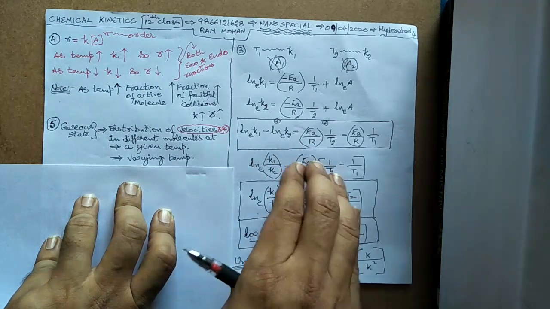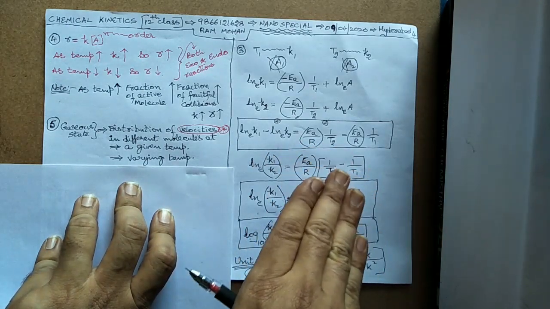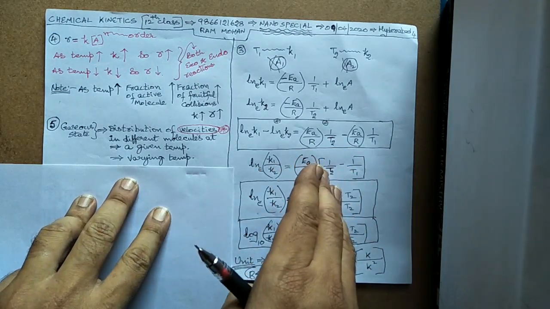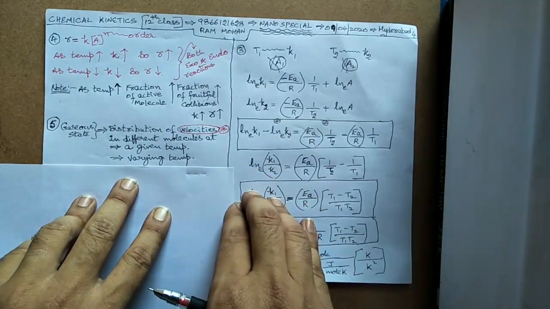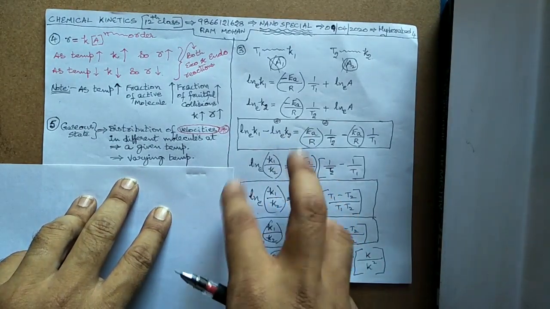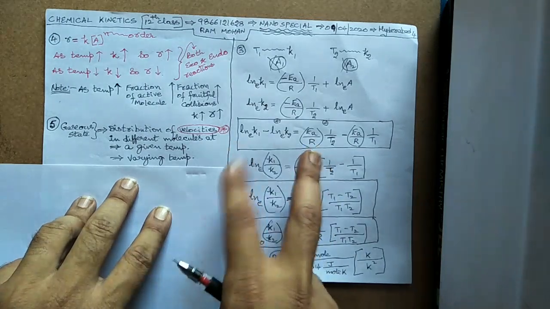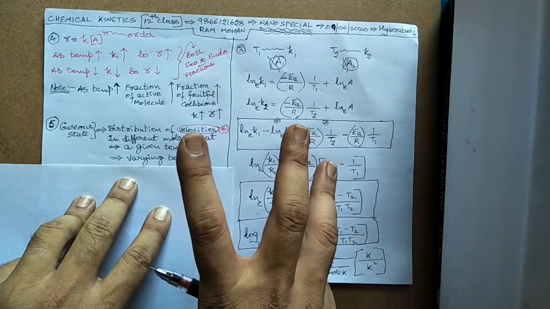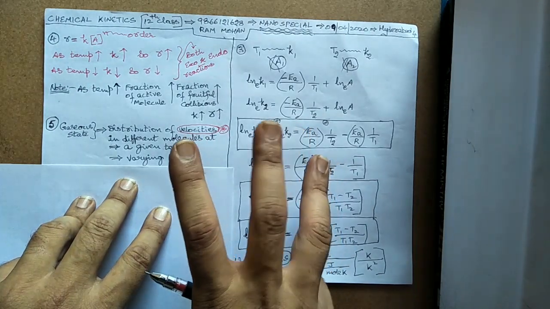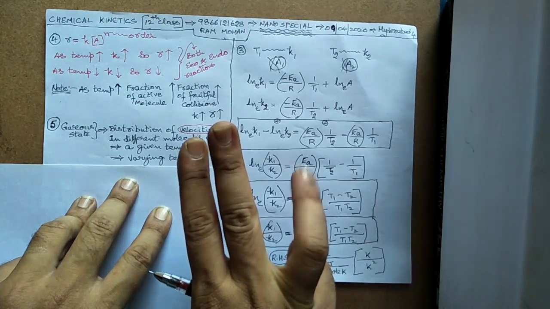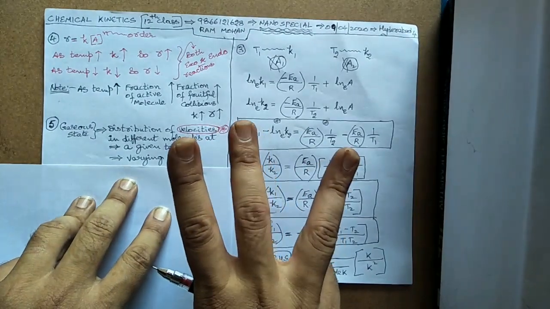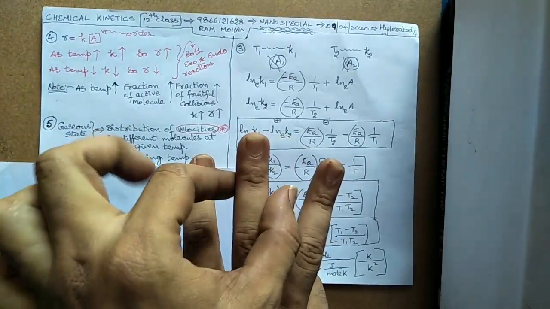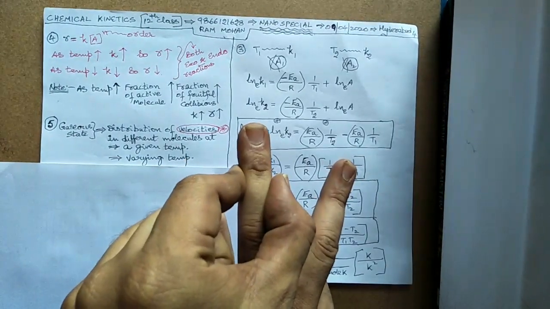So there are three cases. One, the number of students getting very low marks is less. The number of students getting very high marks is also less. But those students who get intermediate marks, their number will be higher.